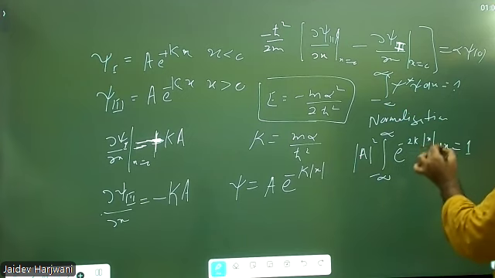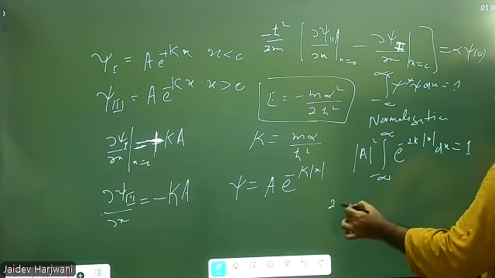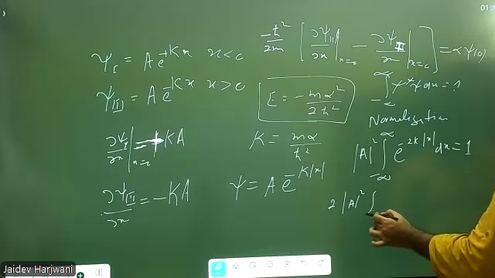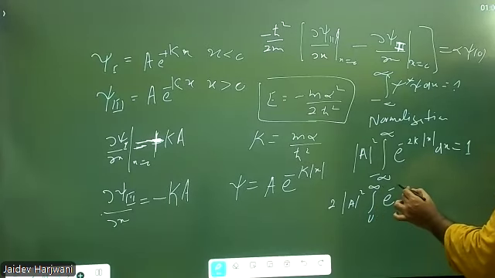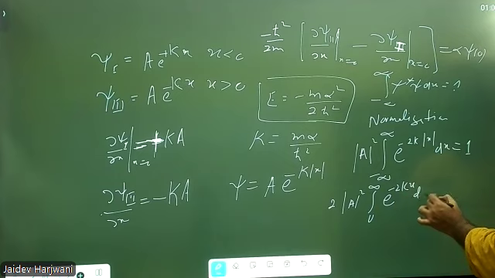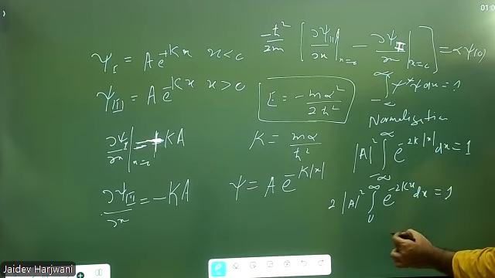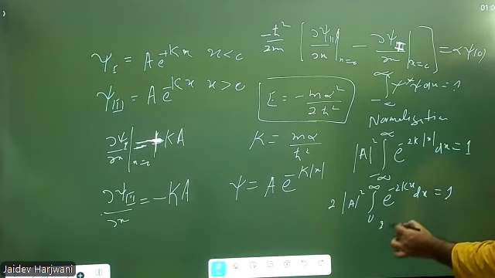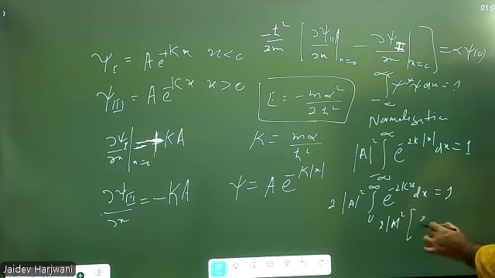Now this is the even function. So I can write this as 2A square, limit from 0 to infinite, e power minus 2 kappa x dx equals to 1. And if I integrate this one, this will be 2A square, this will give me e power minus 2 kappa x upon minus 2 kappa, and the limit will be 0 to infinite equal to 1.